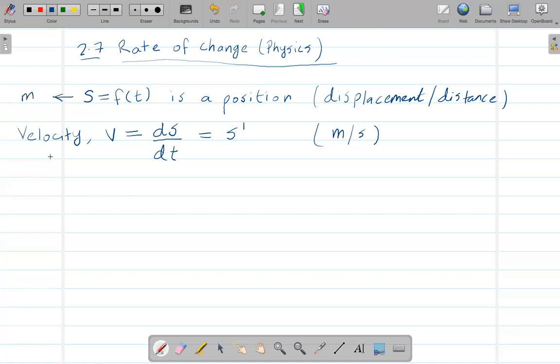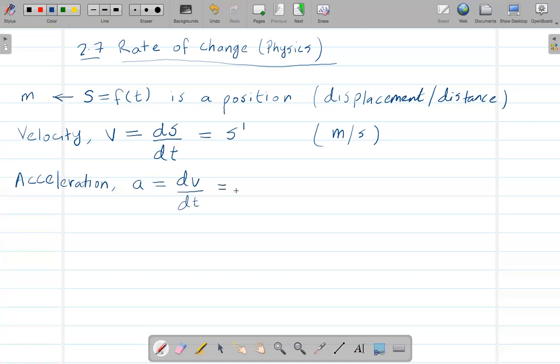And after that, now you can get acceleration from this v. We can write acceleration as a. If I take the derivative of this v, again in terms of t, then this is called acceleration.